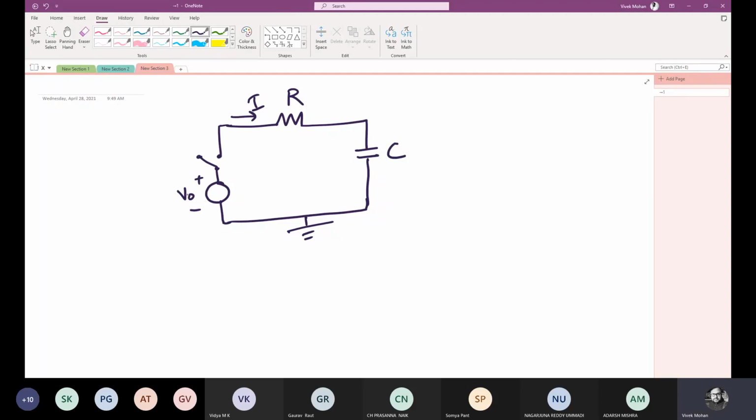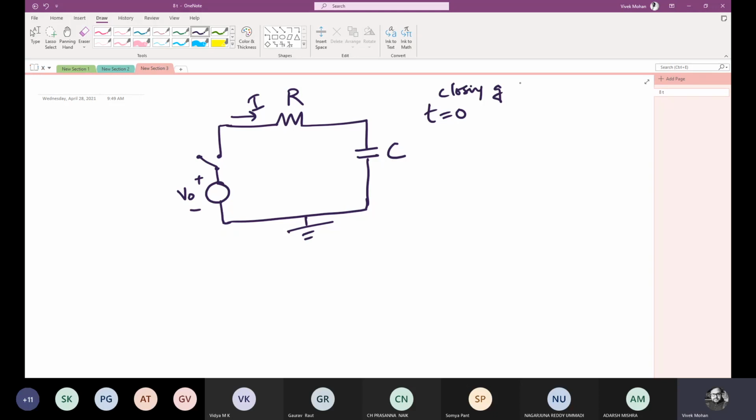Now, considering this electrical circuit, the RC circuit, in which the resistance is connected in series with a capacitor and a battery of constant DC voltage V0, we analyze the circuit for closing of the switch at t equals 0.